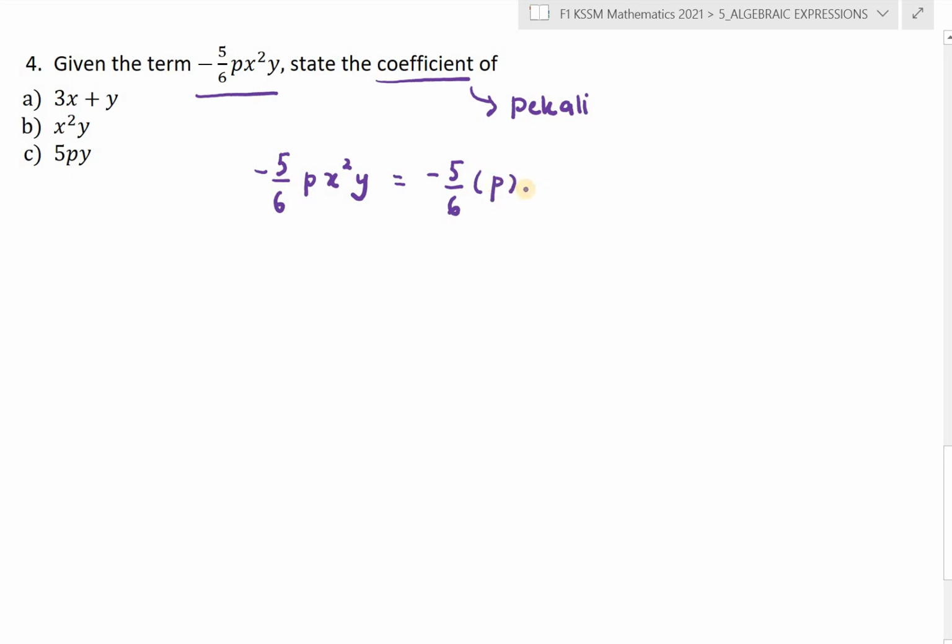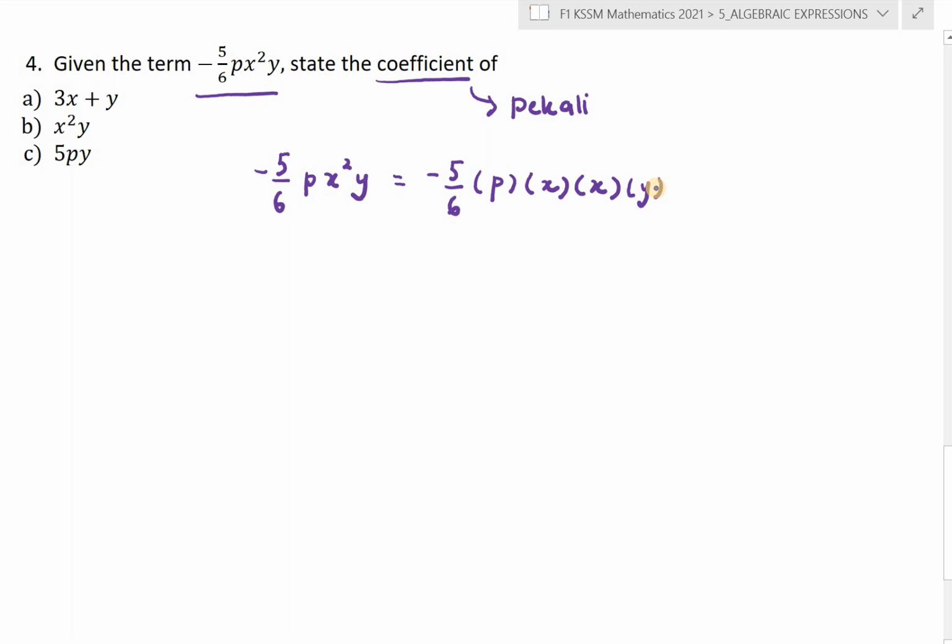Didarab dengan P, simbol ini pun sama dengan darab lah maksudnya. So darab dengan X, darab dengan X. Kenapa saya buat X tu 2 kali? Sebab dia X square. Kalau X square tu maksudnya ada 2X. Okay, macam yang kita belajar dalam topik square and square root. Kalau dia ada X cube means ada 3X. Okay, so this one darab Y.